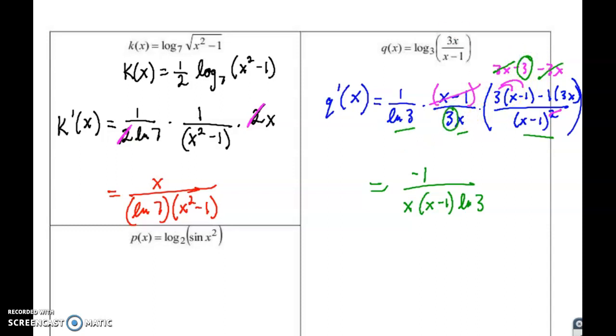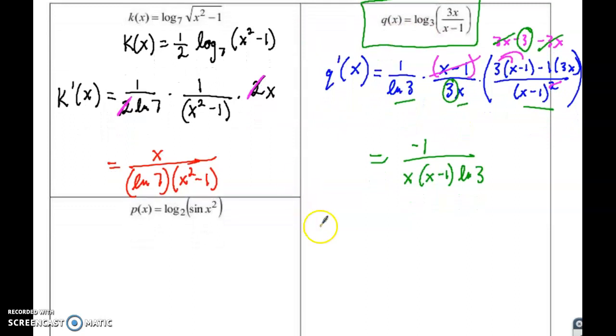Now, just for the record, there's a faster way to do this. I'm not sure if you remember or if you would even notice that for q of x, you could have actually rewritten it as log base 3 of 3x minus log base 3 of x minus 1.